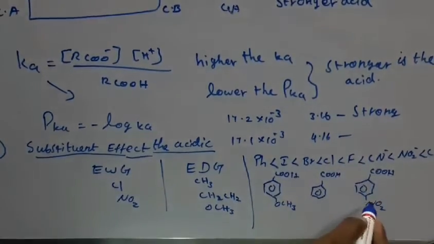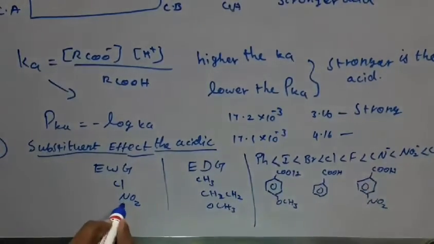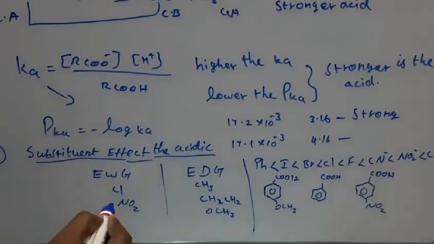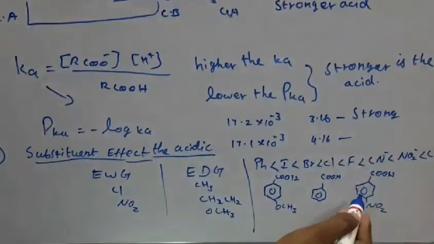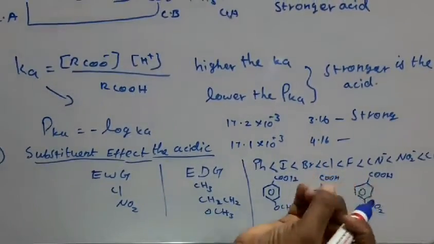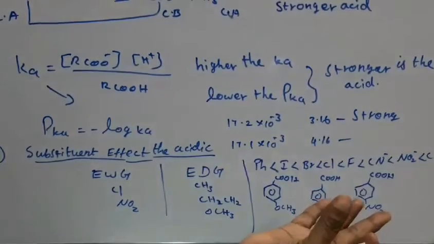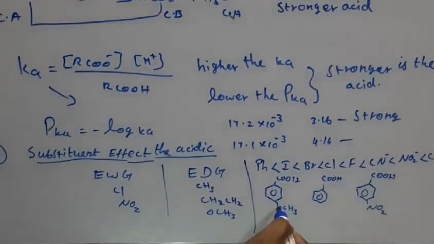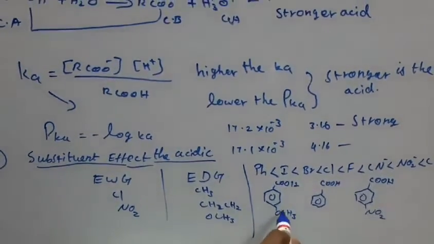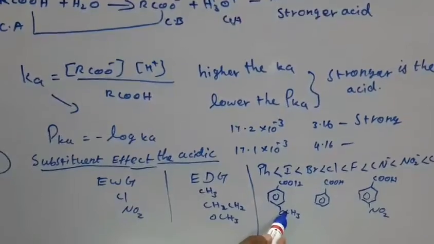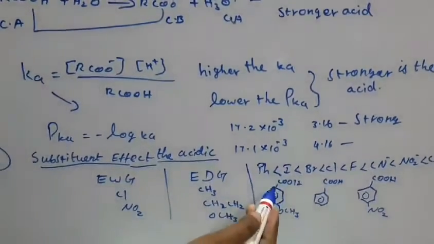The NO2 group is a kind of electron withdrawing group. So electron withdrawing group stabilizes and strengthens the acidic character, so it increases the acidic character. And the methoxy is an electron donating group, so electron donating group destabilizes the acidic character.